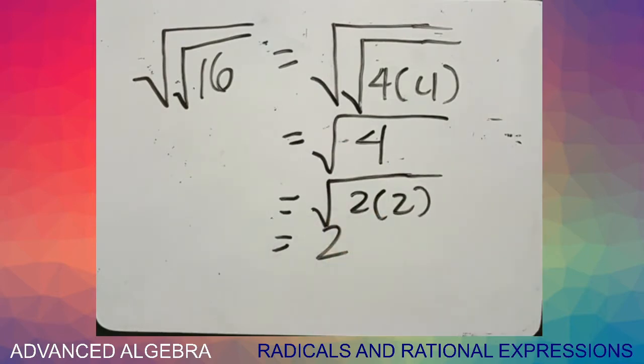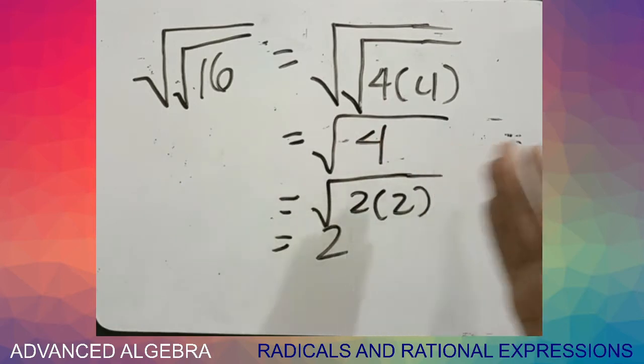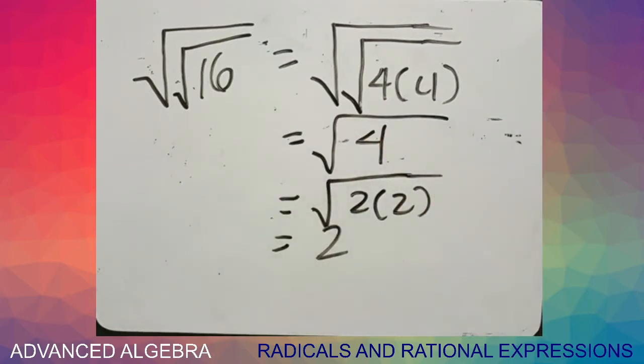Kasi, maaring yung nasa loob is not a perfect square root. Kumbaga, meron siyang perfect square root but only a part of it. So, magbibigay tayo ng example mamaya tungkol doon. Okay? So, let's proceed to another example. Kung na-gets nyo na, you can pause the video para ma-analyze nyo mabuti kung ano yung nangyari.